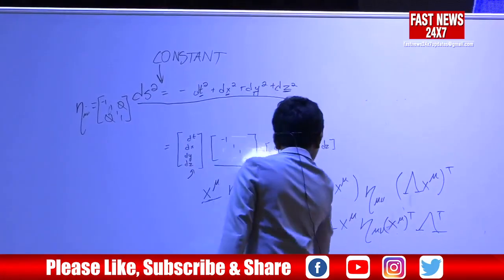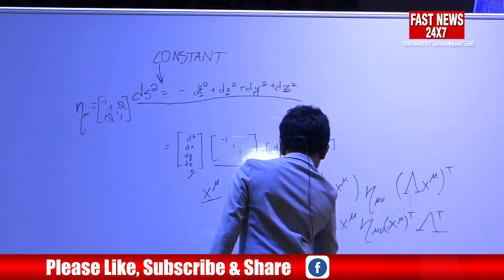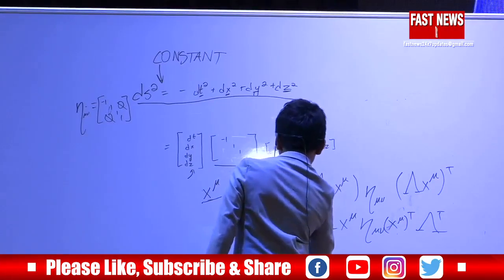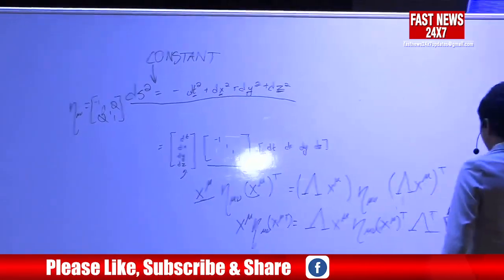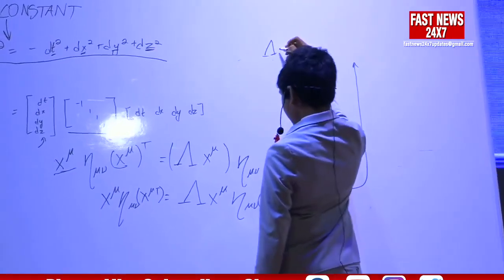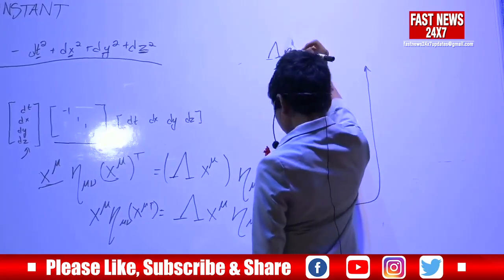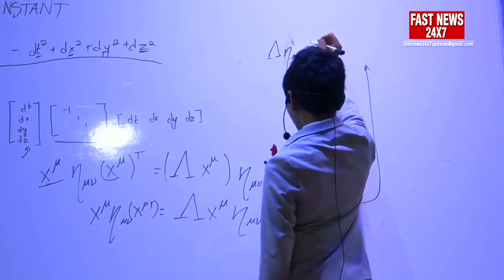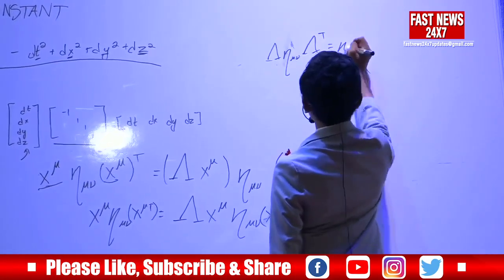And this has to be equal to the normal format, because of course everything has to be conserved, which leaves us with the special equation that the Lorentz transform times the Minkowski metric times the Lorentz transpose has to be equal to this.